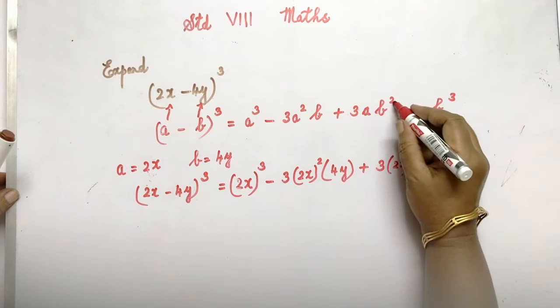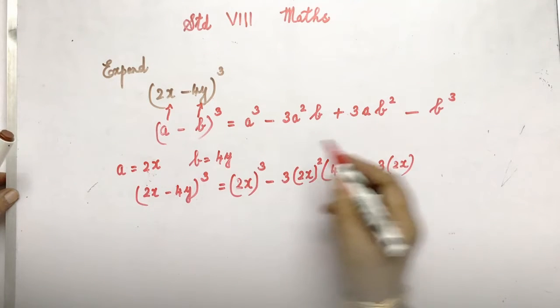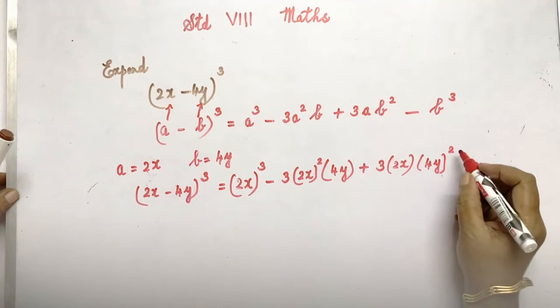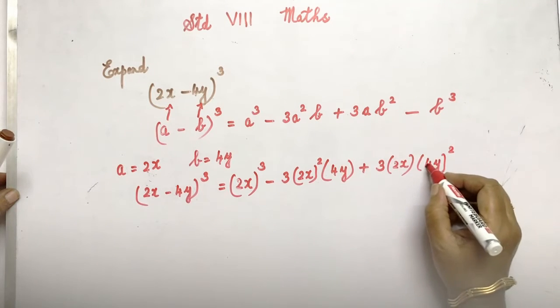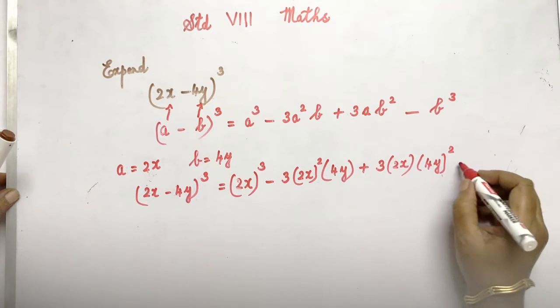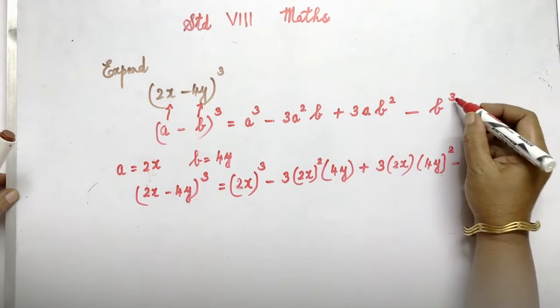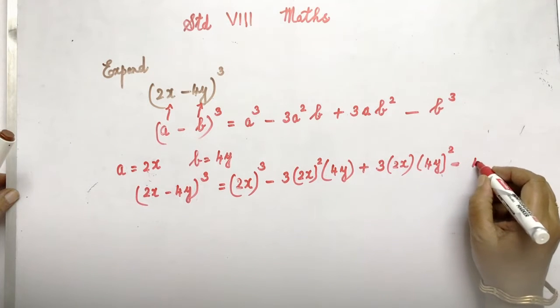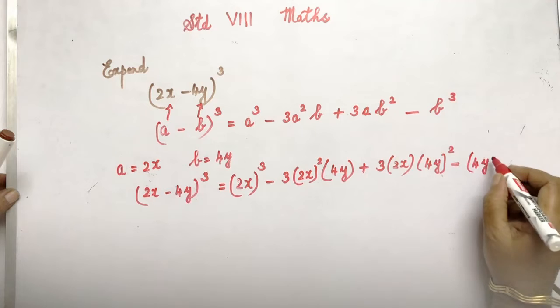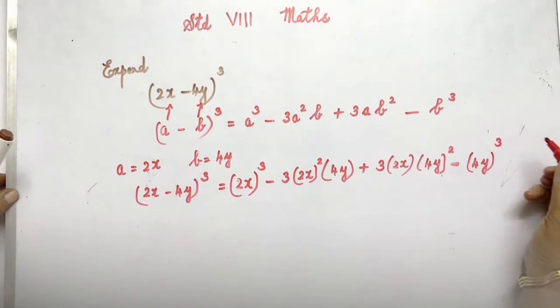In the place of b squared, b we have (4y) whole squared. Why are we writing whole squared here? A constant and a variable, so it should be written as whole squared, minus b cube. In the place of b we have 4y. We should not write only cube, it should be written as whole cube.